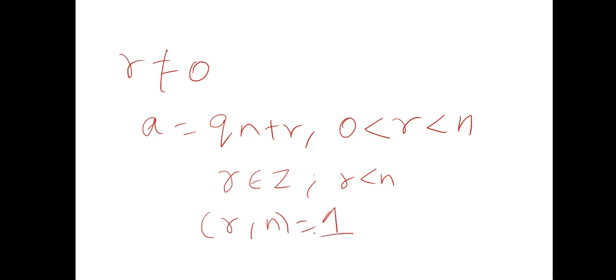You have to assume here, since GCD of A and n is also 1, and R is a value that is less than n, having these two combined, we will have GCD of R and n also equal to 1. Suppose you still have confusion with this, we shall figure out how the GCD of R and n is equal to 1.